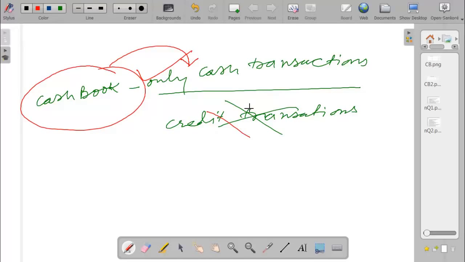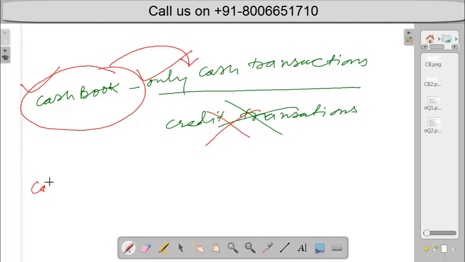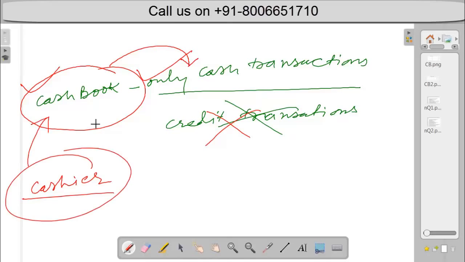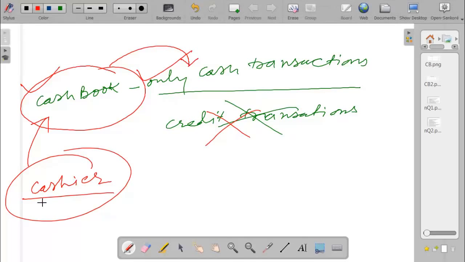We will not record credit transactions. Got it or not? And the person who maintains the cash book is known as what? Cashier. So in the cash book we will record only cash transactions, not credit transactions, and the person who maintains the cash book is called the cashier. Now I am going to explain how to maintain a 2-column cash book.